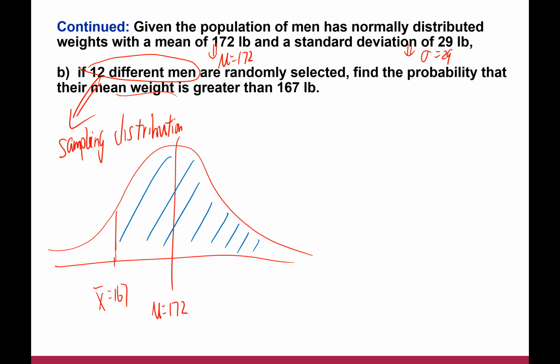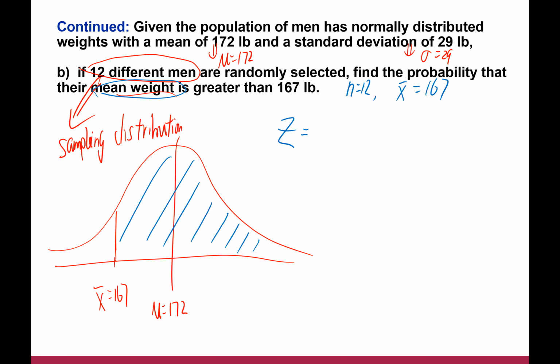Now using the central limit theorem, we have a sample size of 12. The sample mean is 167, because this is the average weight. So using the central limit theorem, find the z-score: x bar minus mu over the population standard deviation over the square root of the sample size. 167 minus 172, divided by 29 over the square root of 12.